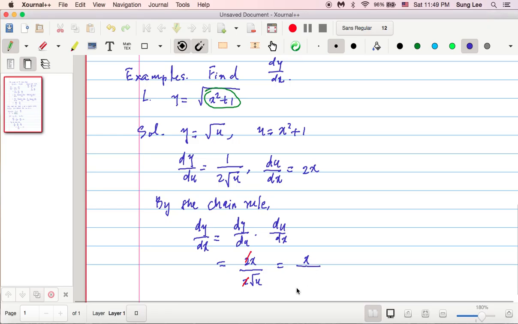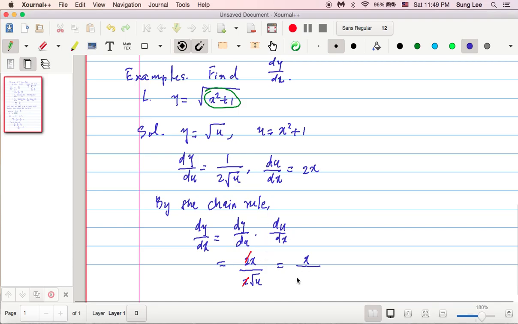In the end, you want to change u to x squared plus 1, because at the end you want to write down your solution in terms of x.